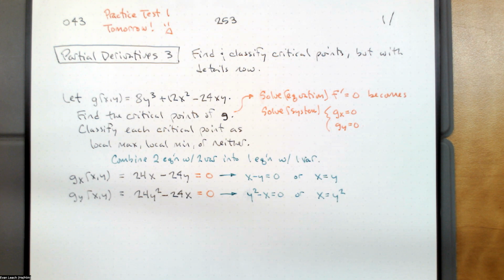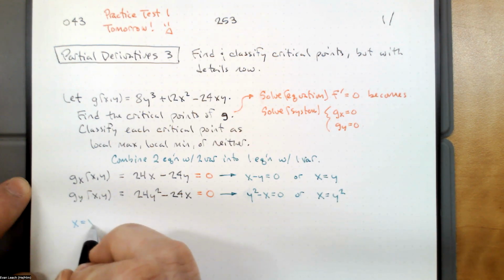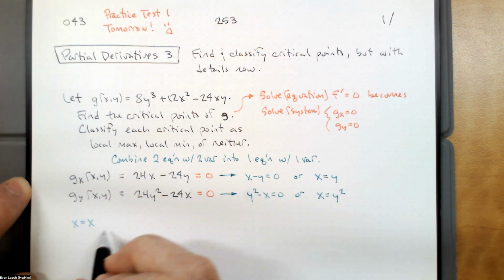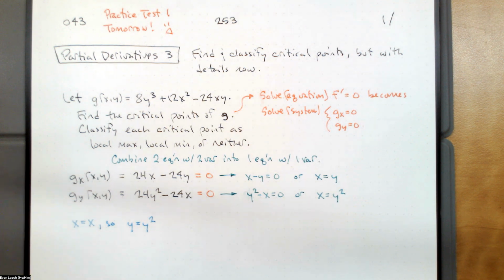Now it's just a matter of perspective. You could make the x's equal to each other. So someone might be thinking, make the x's equal. Or you might be thinking, plug the x equals y into the y squared minus x equals 0.